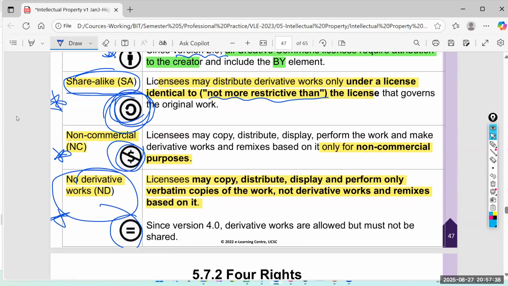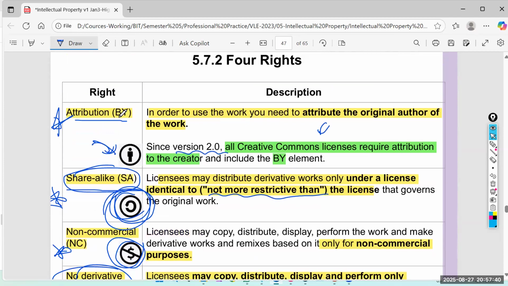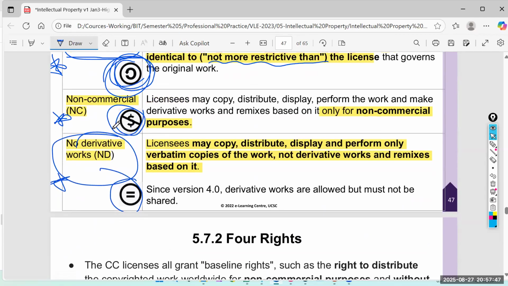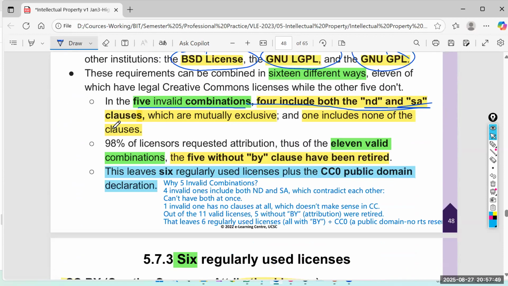For example, ND-SA and BY and NC. That is invalid because ND and SA both are there. So likewise, you can identify this ND-SA combination is there in four combinations, and one includes none of the clauses.